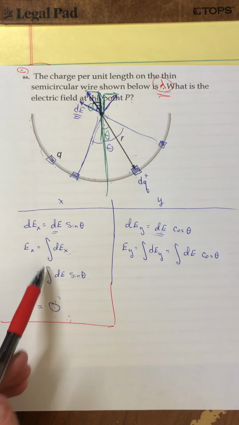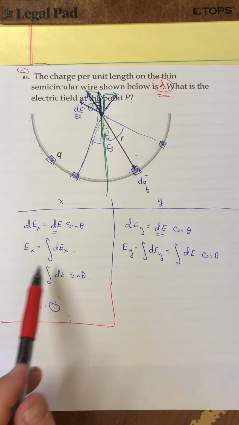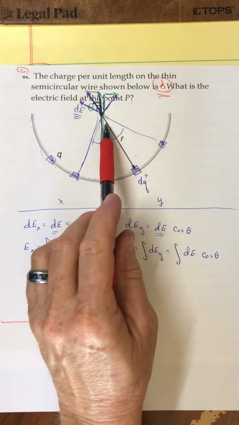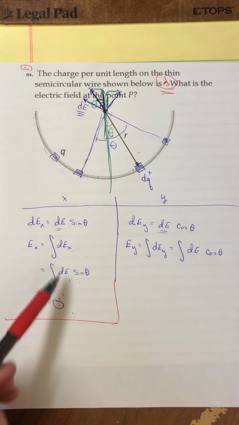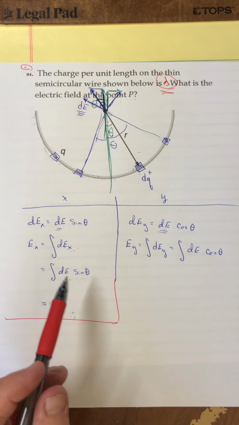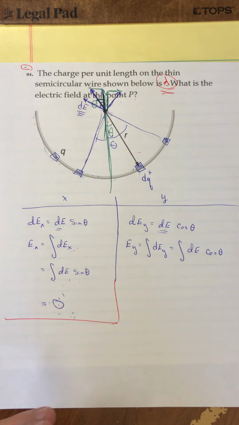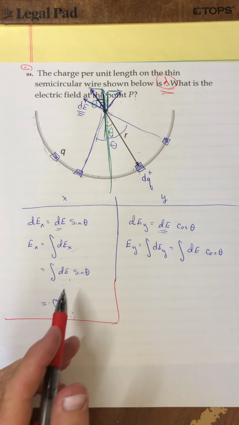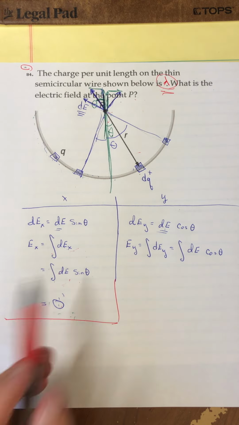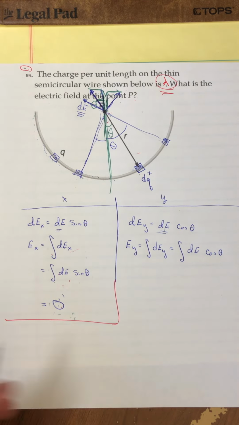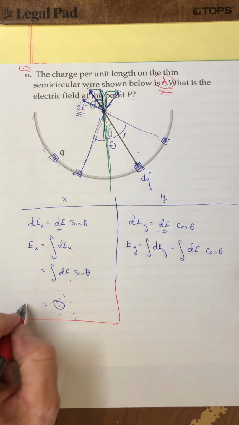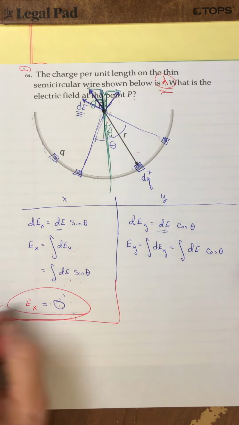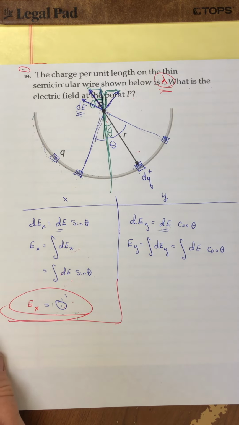I know it looks like I did some math, but what I really did was get to a point where I could then visualize what the x component would look like and realize that every point would have a symmetric twin, and therefore the twin and the original would cancel to 0. And so even if you took some calculus and took the limit, you would still have just a bunch of zeros. And so you would have 0 plus 0 plus 0 an infinite number of times, but you're still going to get 0. And so the electric field in the x direction is 0.